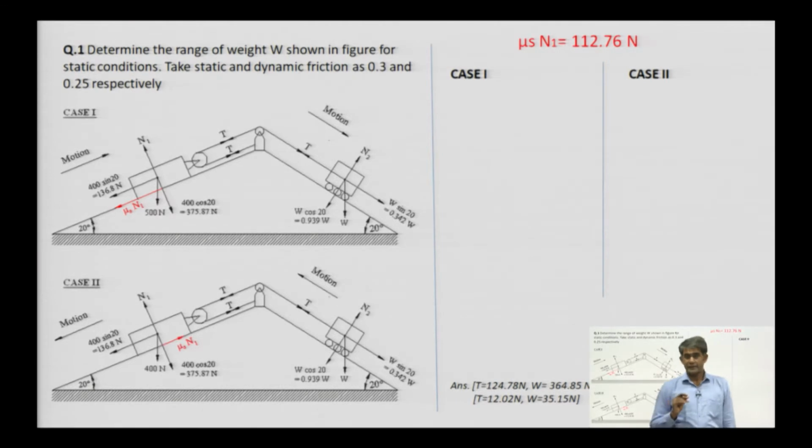Look at this figure. One block of weight 500 Newton is resting on an inclined plane with a 20-degree incline, and on the other side there is an inclined plane with the same slope.